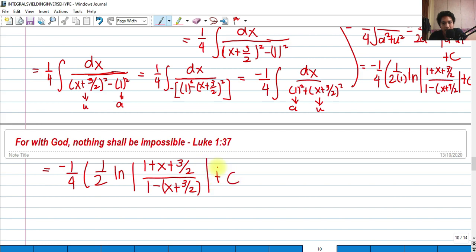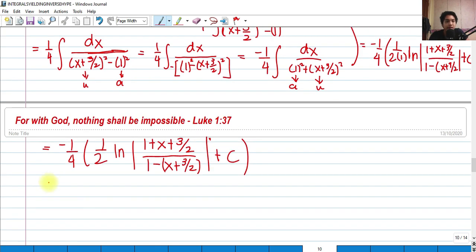Plus c. So, distribute, we have negative 1 over 8. Then we have the natural logarithm of the absolute value. 1 plus 3 halves would be x plus 5 halves, all over, distribute the negative sign, negative x.